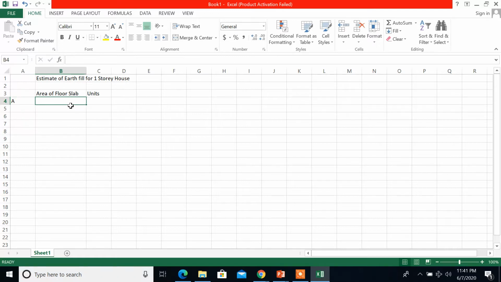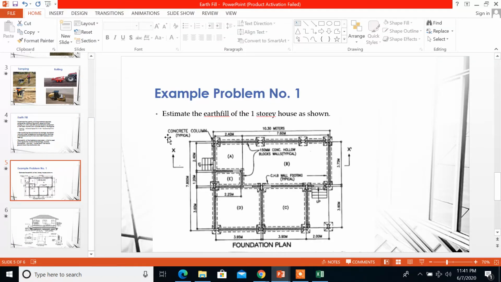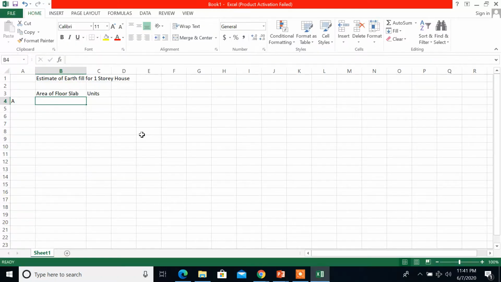For slab A, our area is 2.4 times 2.4. That is our area of floor slab A: 2.4 times 2.4. Then next, units in square meters.